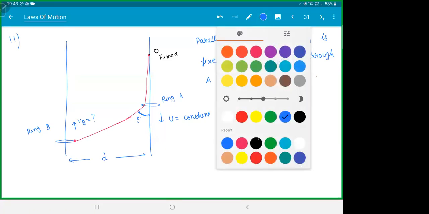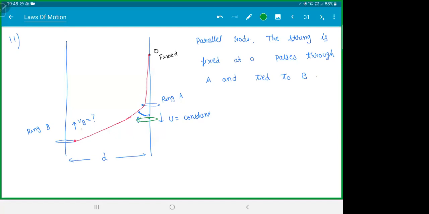That means if I show you the diagram now, after some time, A will come here, B will come here, the string will become like this. Able to visualize, as you're pulling this ring down, the string is actually moving up. The diagram would kind of look like this.